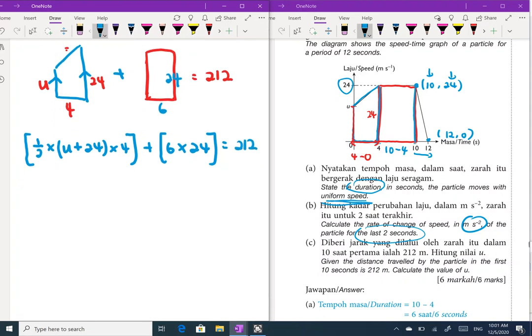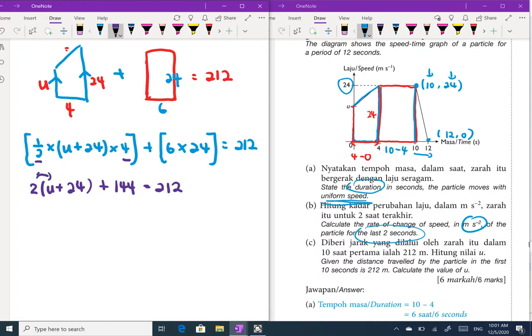Okay, so use your calculator. 1 over 2 times 4, so you get 2. So 2 times (u plus 24) plus 6 times 24, which is 144, equal to 212.